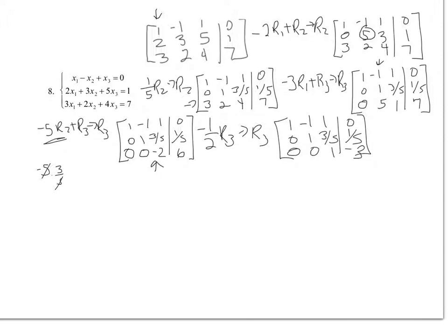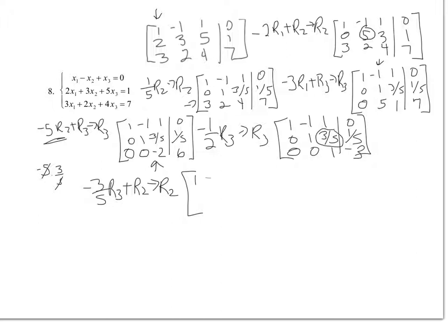Now let's back up to row 2, and I need to make this element become a 0. To make that happen, if we were to multiply row 3 times negative 3/5 and add that to row 2, for our new row 2, I think we'll be in good shape.